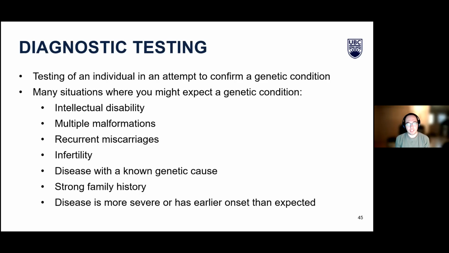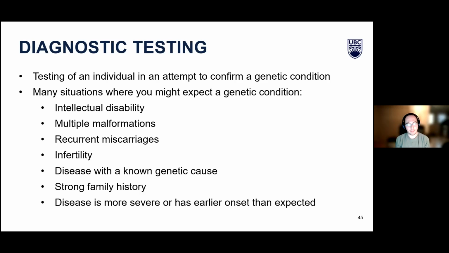If there is a disease that we think someone has that we know is, or in some cases is, due to a genetic condition, this could be a reason why we would want to do genetic testing. If someone has a disease and there's a strong family history of that disease, then we're more likely to think that there's a genetic component and we'd want to do genetic testing.